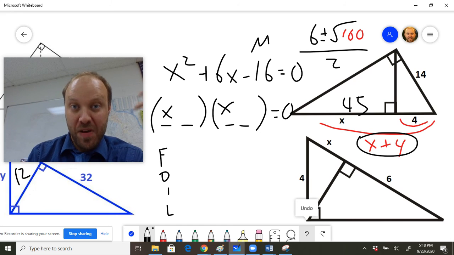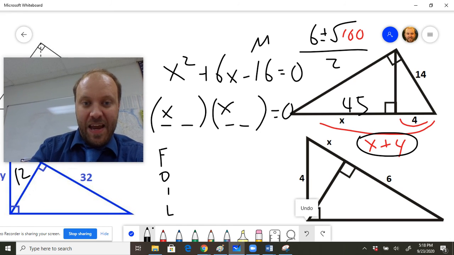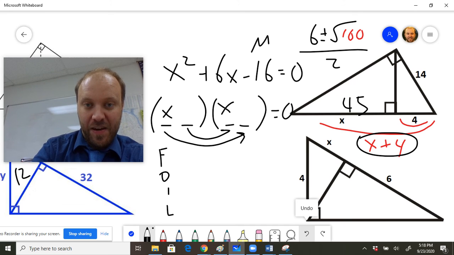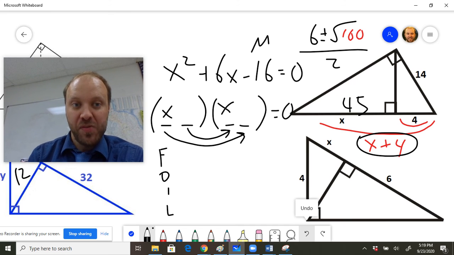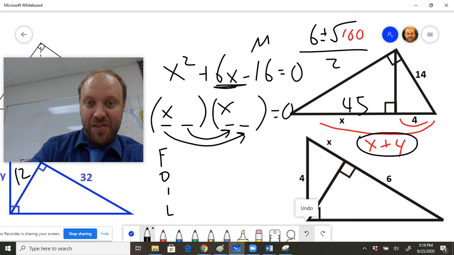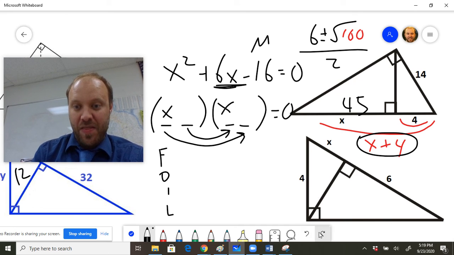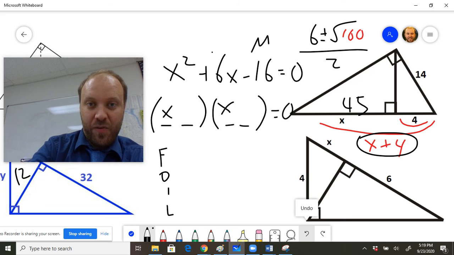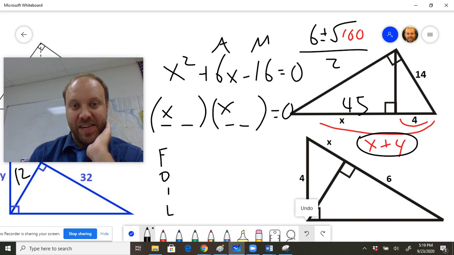The two middle steps, the outer values, x is going to be multiplied by that blank there. The inner value, that blank, is going to be multiplied by that x. Both of those terms are going to have an x, and those two terms are going to add together to give me that 6x term. So I really need two things that multiply to be negative 16, and two things that add to be positive 6.